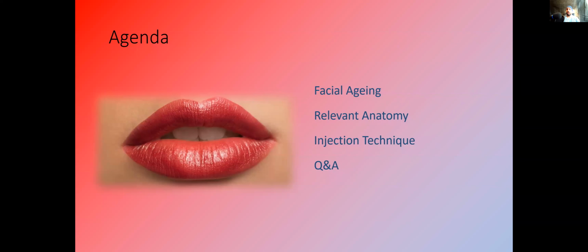So the focus is going to be on the relevant anatomy, which would allow you to make an informed choice as to what technique you would like to use. And there's no such thing as one technique being safer than the other. They all carry risk, and so we'll talk about techniques later on.